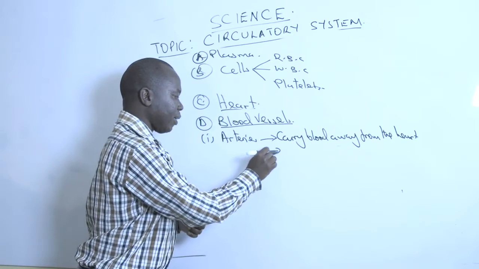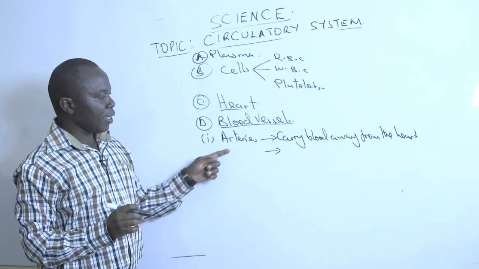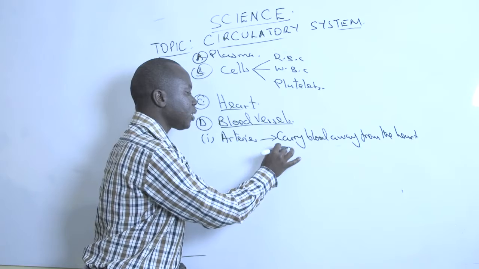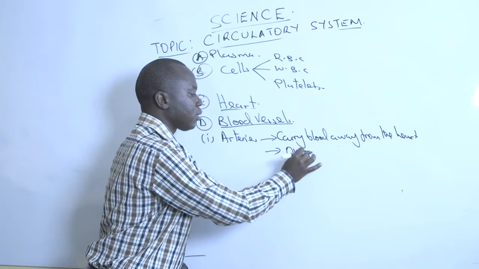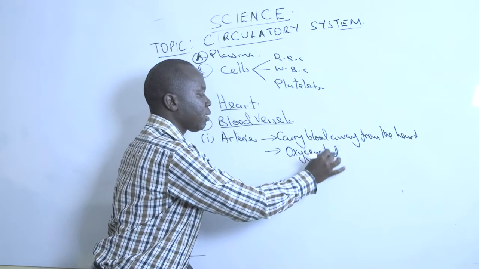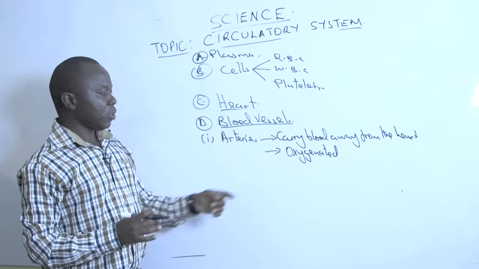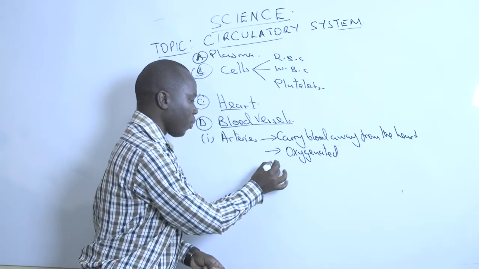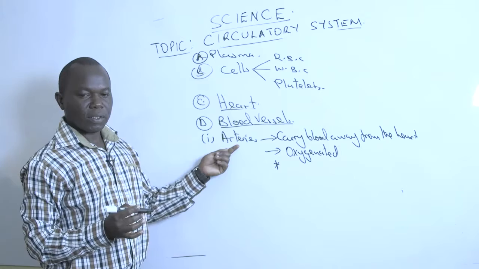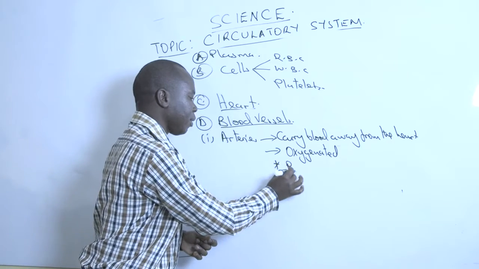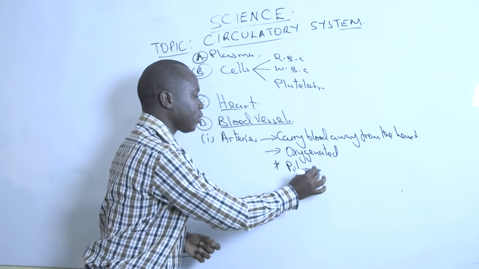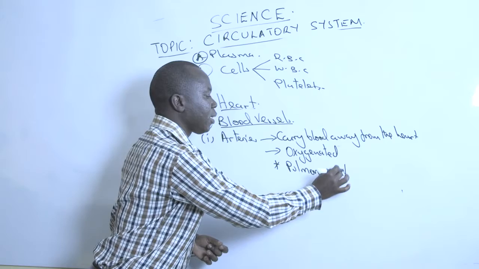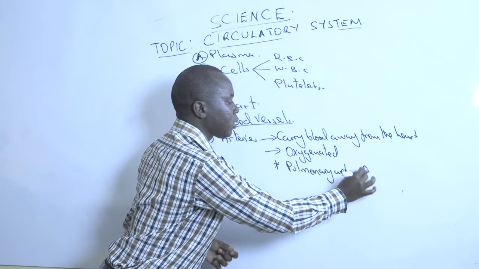Most of the blood carried in the arteries is usually oxygenated, with the exception of an artery called the pulmonary artery. Pulmonary artery carries deoxygenated blood.